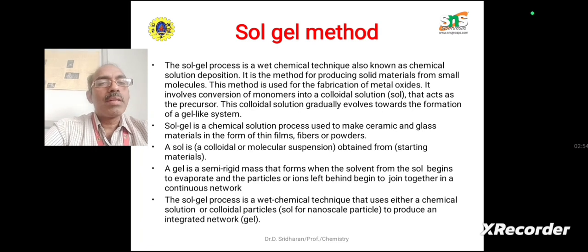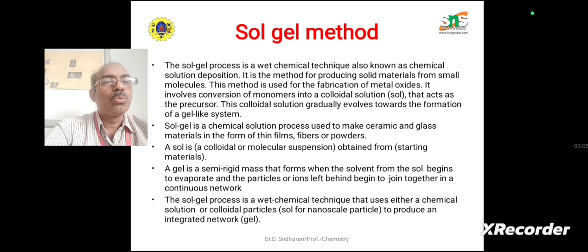A gel is a semi-rigid mass that forms when the solvent from the salt begins to evaporate and the particles or ions left behind begin to join together in a continuous network. The nanoparticles start forming from this step. The sol-gel process is a wet chemical technique that uses either a chemical solution or colloidal particles to produce an integrated network.